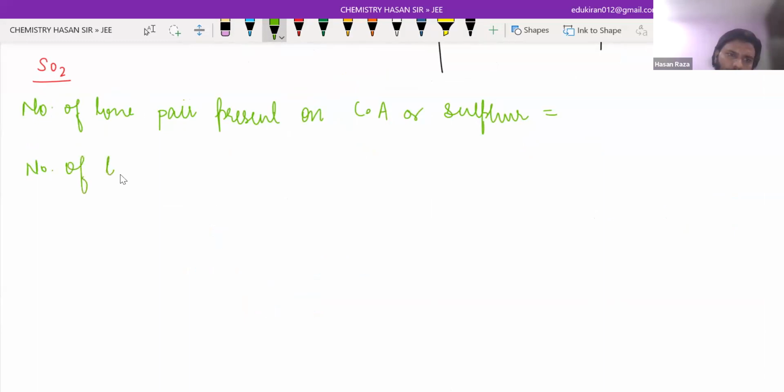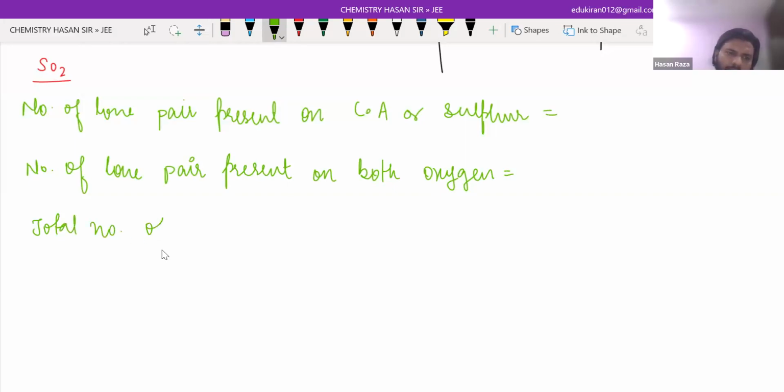The number of lone pairs present on both oxygen, or they can ask you about a single oxygen as well. Total number of lone pairs in this.